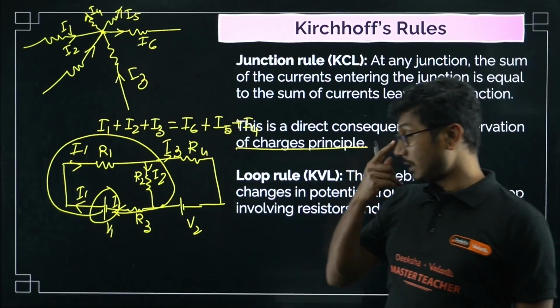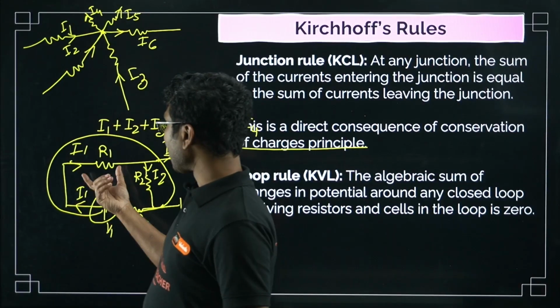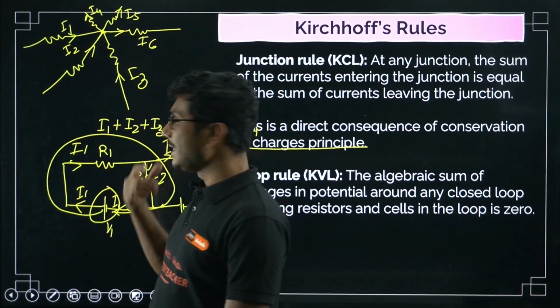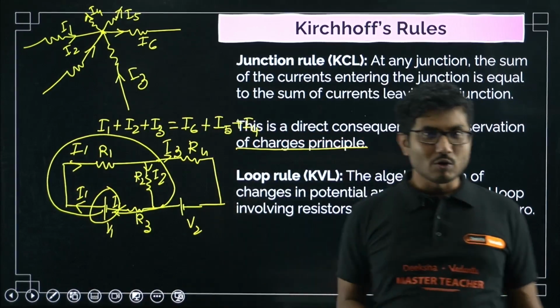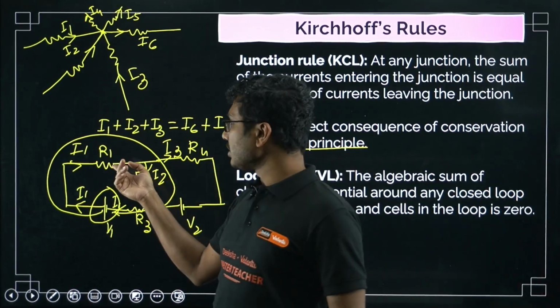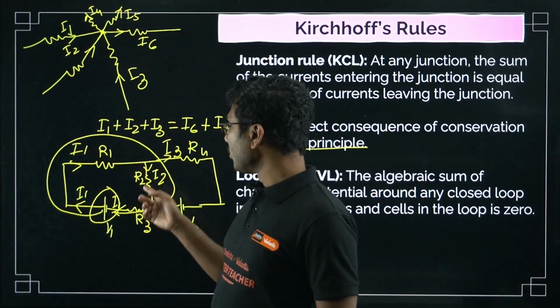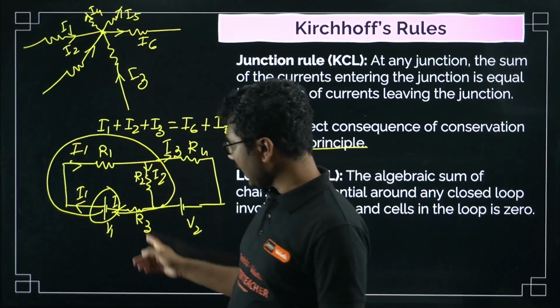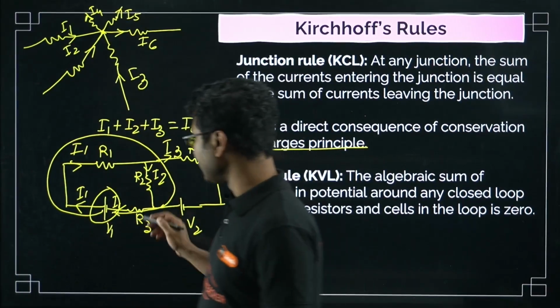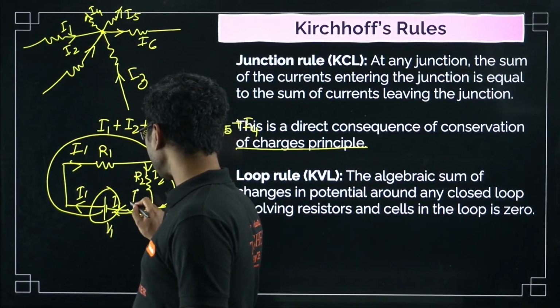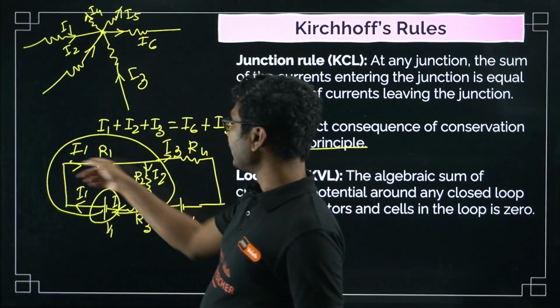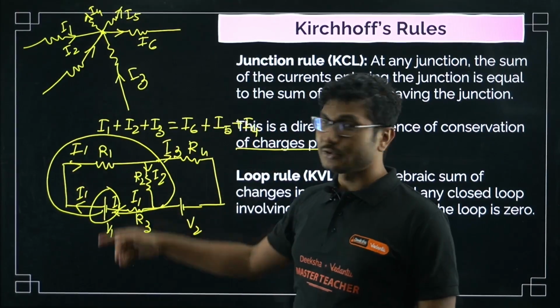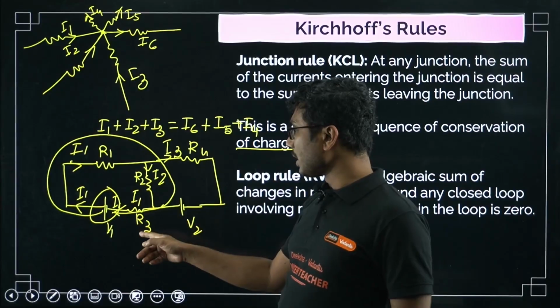Now what is the voltage drop across these resistors? Voltage drop across any resistor is basically I into R, Ohm's law. So the voltage drop across this resistor is I1 R1, across this resistor is I2 R2, and across this resistor, again the current will be I1. As I said, I1 current is exiting, I1 current should enter back, so this will be I1 R3.